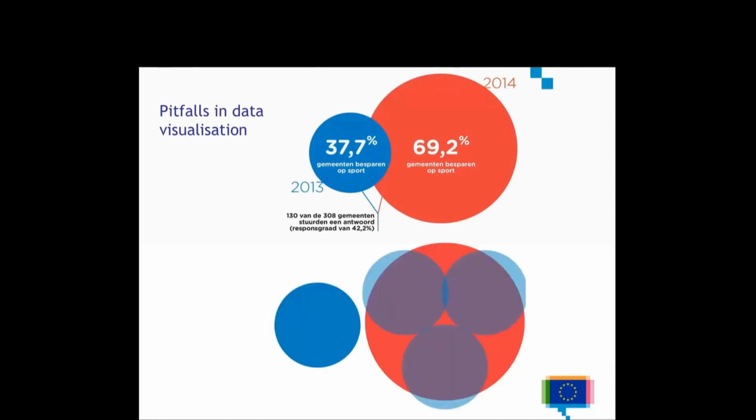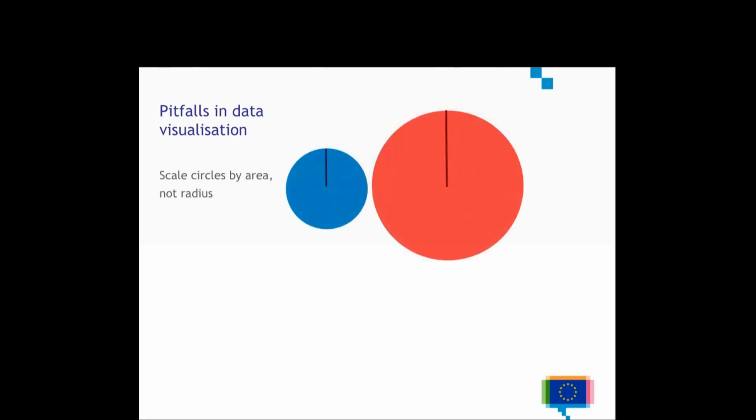So I took the two circles and put them on top of each other, and as you can see, the blue circle fits 3 times in the red circle. So the areas of the circles are not proportional to the values that are shown here. And the reason for that is that if you scale circles by the radius, then you're actually squaring the area of the circle.